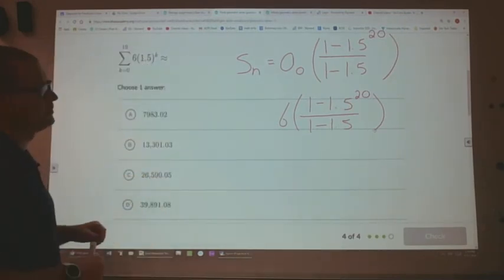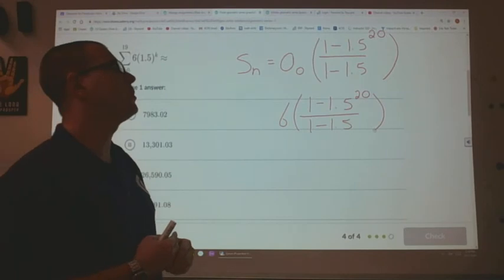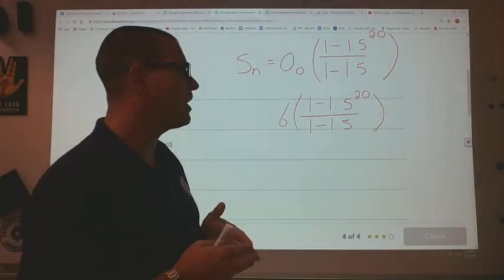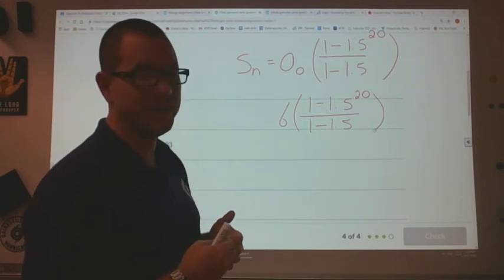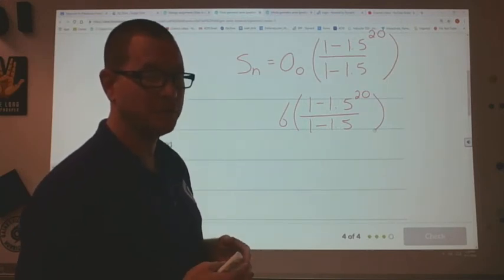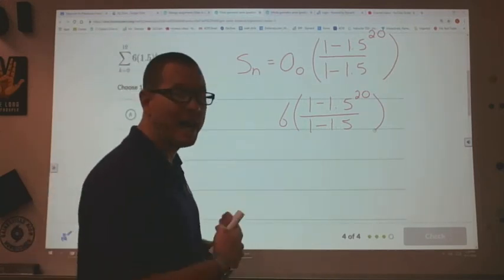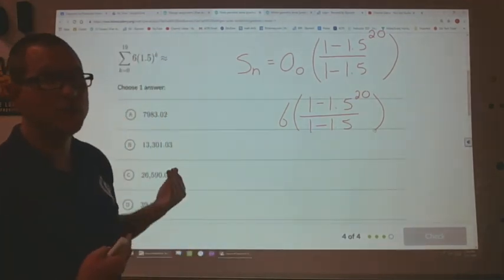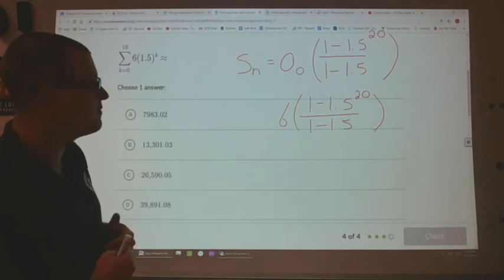Geometric series, because they are multiplication and division, can actually work when you have an infinite number of terms. Arithmetic can't. If you're adding something repeatedly, if you add infinity of them, you get infinity or negative infinity.